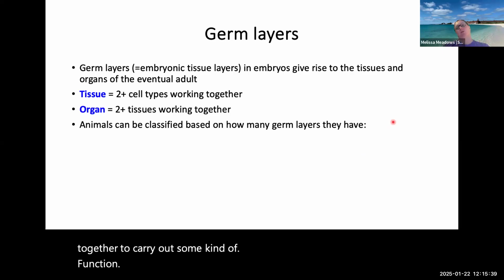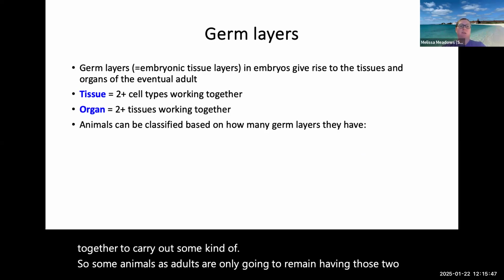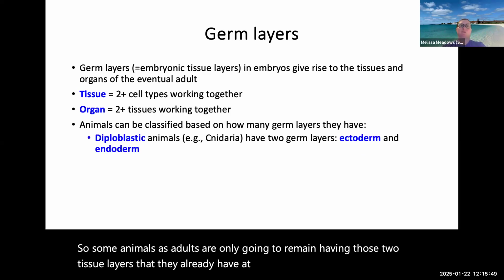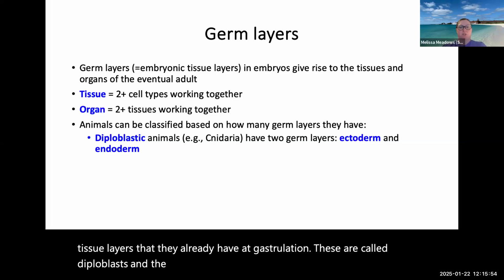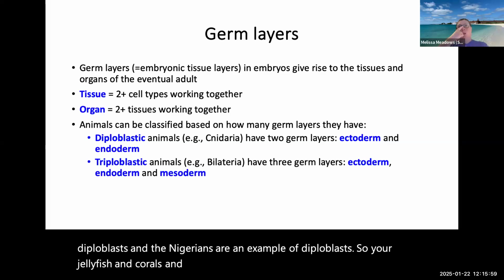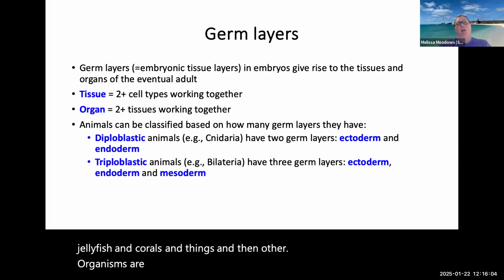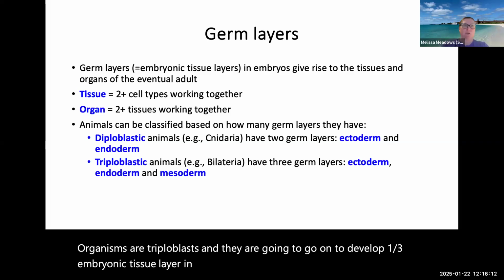So some animals as adults are only going to remain having those two tissue layers that they already have at gastrulation. These are called diploblasts. And the cnidarians are an example of diploblasts, so your jellyfish and corals and things. And then other organisms are triploblasts, and they are going to go on to develop a third embryonic tissue layer in between the ectoderm and endoderm called the mesoderm.